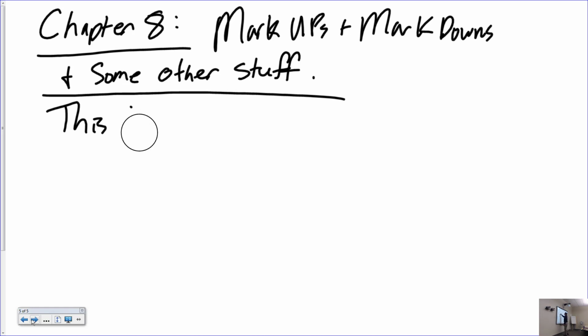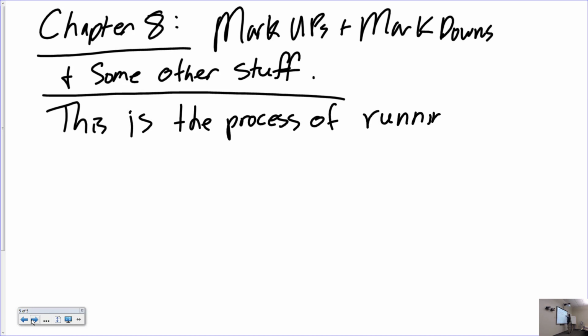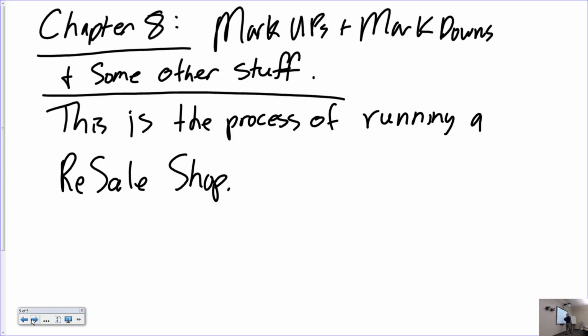So when you're dealing with markups and markdowns, you're dealing with stuff that we are a little bit more traditionally used to dealing with when it comes to selling stuff. Okay? This is the process of running a resale shop as opposed to a retail shop.